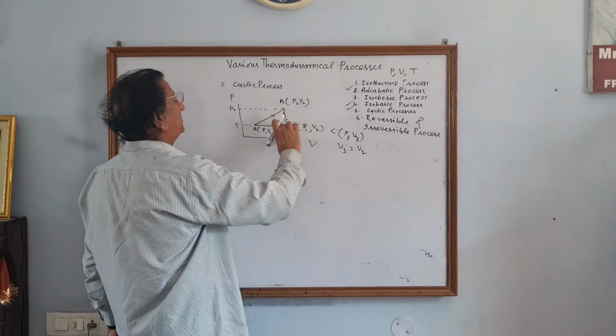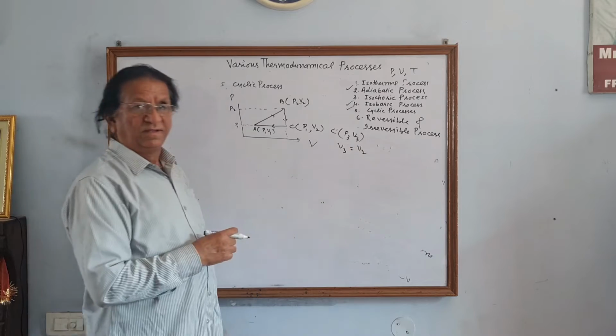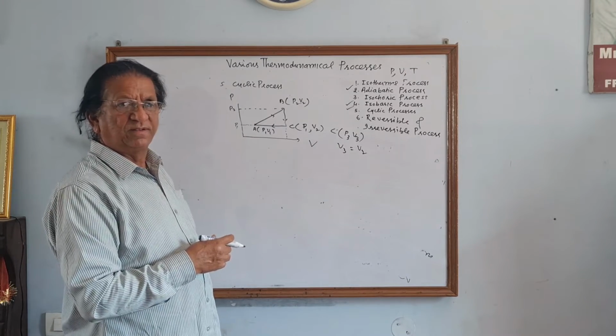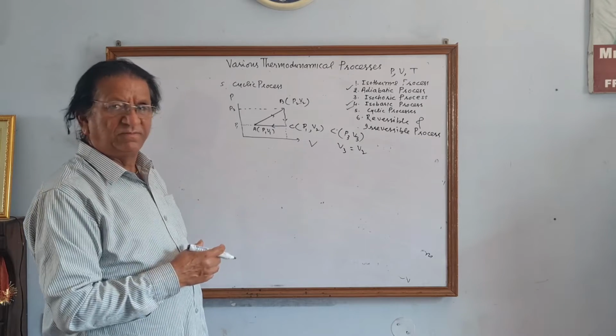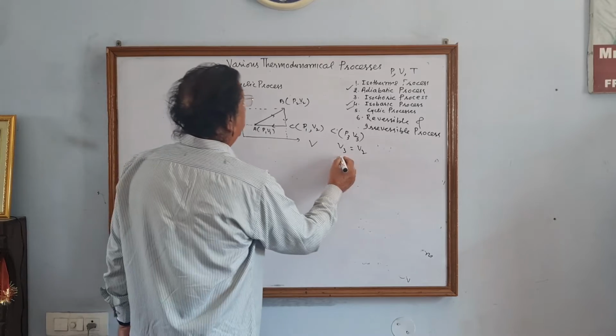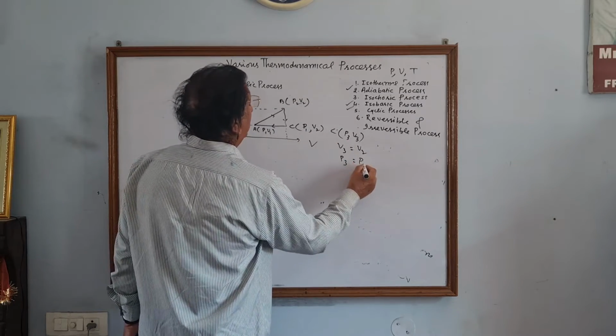This volume is the same. Then you can restrict by taking the special values of volume and pressure. So similarly here P3 is equal to P1.